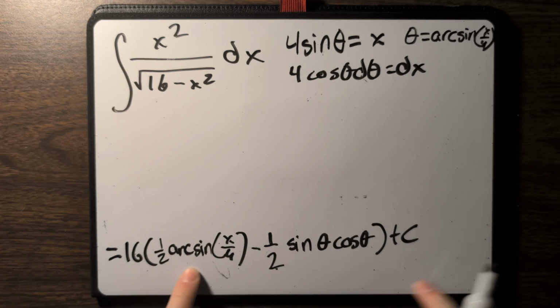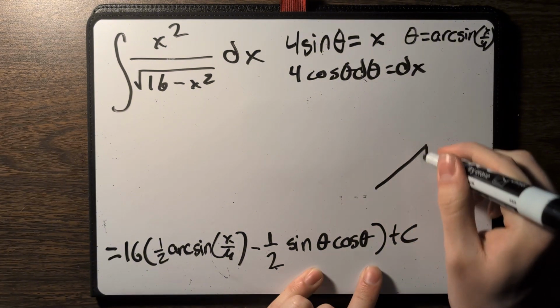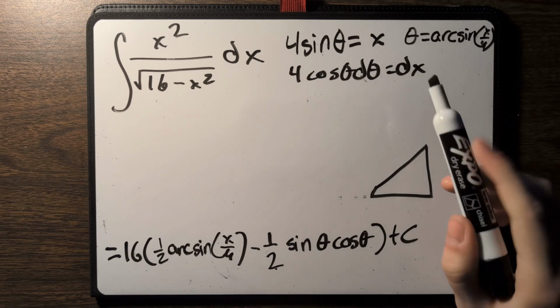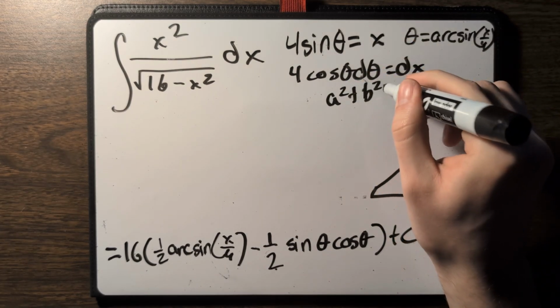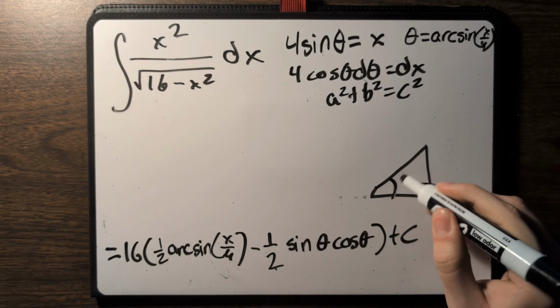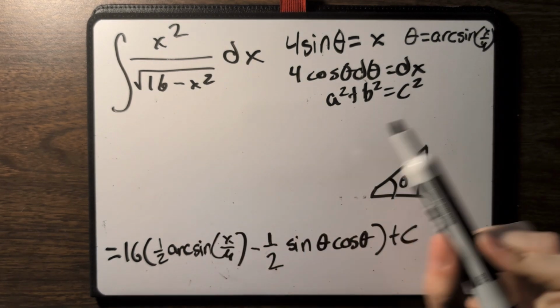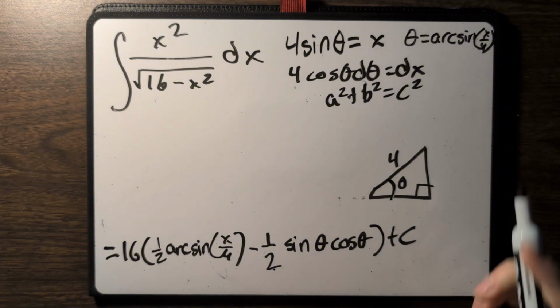Now this helps us because we can apply the triangle, where, going back to our a squared plus b squared equals c squared, we notice that this c, which is equal to 4, is going to be our hypotenuse.